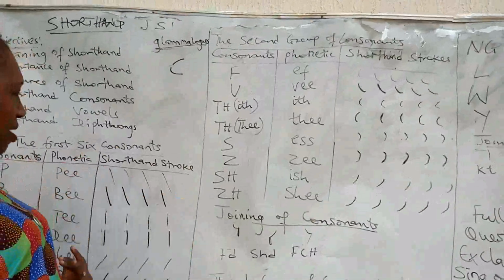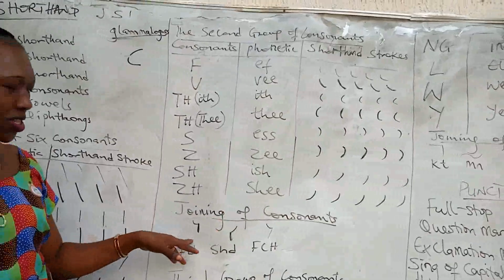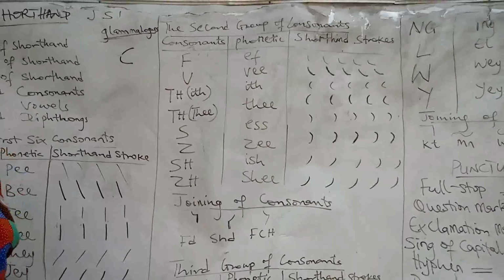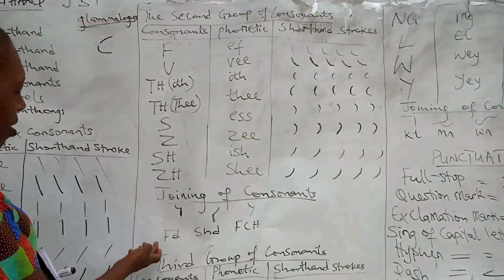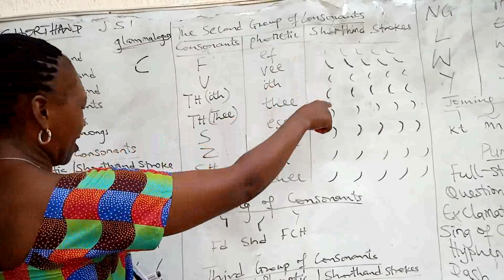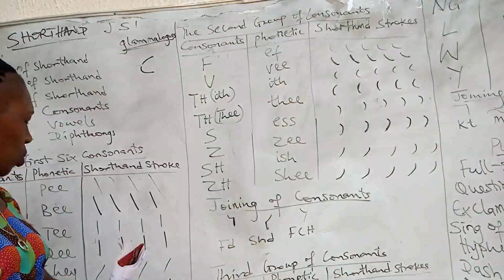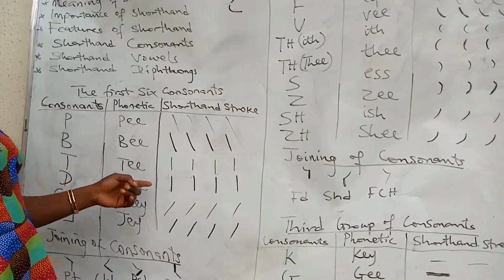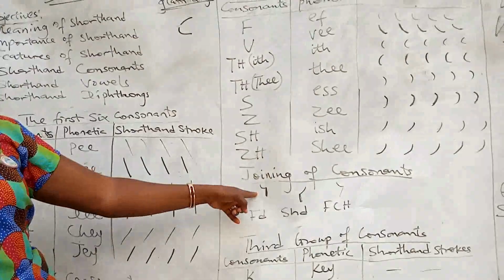Then, as I said in the first group, you have the joining of consonants. Remember what I said. Don't lift your hand as you are joining. When you look at the letters I put down, F, the first one, is light. I join it with the first group, which is D. D is the deep one, you see it.